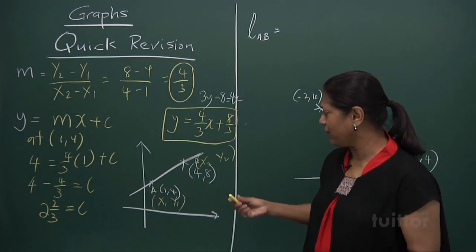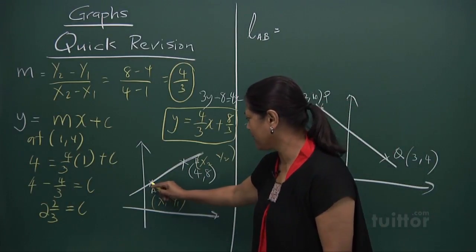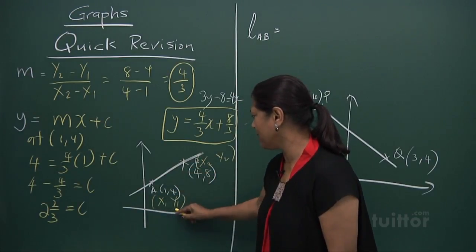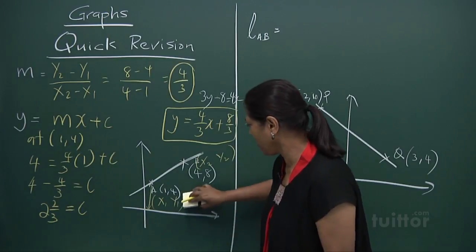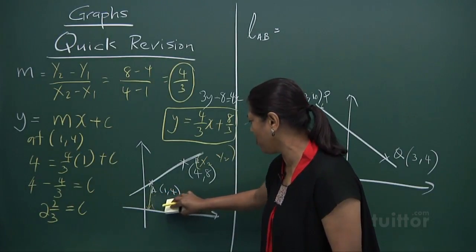If you look at it carefully, you've got your x is 1 and your x is 4. And if you look at your x, here is 1. I would like to erase this so they can see it more clearly.